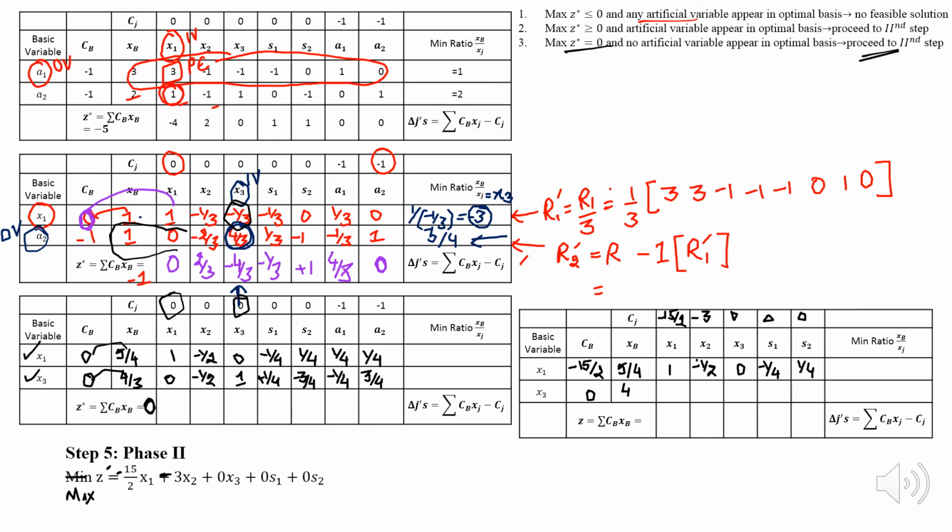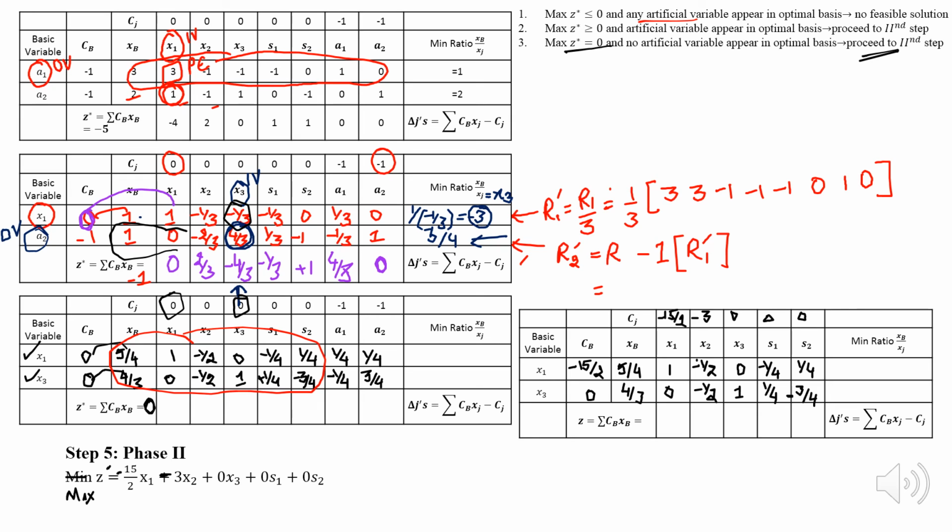Okay, 4 by 3, 0, minus 1 by 2, 1, 1 by 4, 3 by 4 with negative sign. Okay, so we copied our whole table for variables except artificial variables.